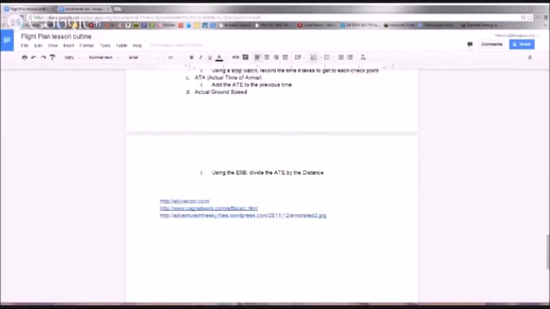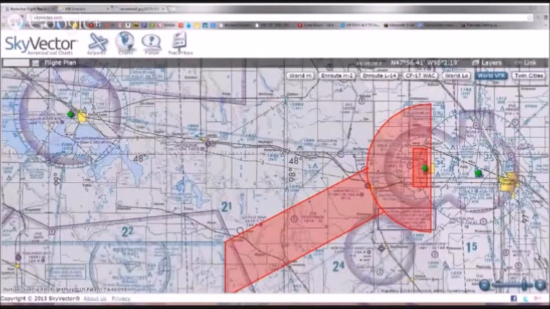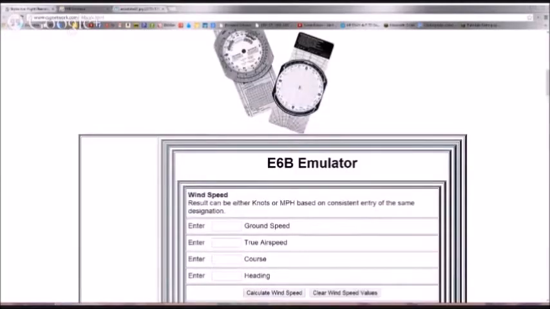These websites here are the ones we used in the video. You can use these links to get to the websites we were talking about. This website is called skyvectors.com. It is an easy way to find different towns and cities on the sectional. It just helps you out, saves you a little bit of time. This website is called www.csgnetwork.com.